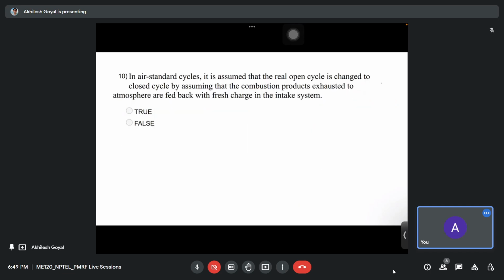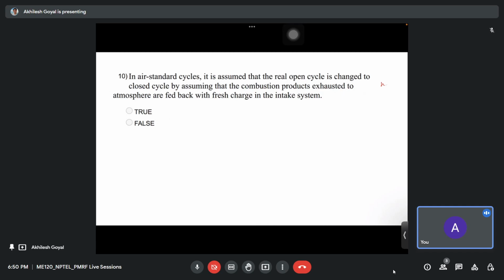So the next question is, in air standard cycles, it is assumed that the real open cycle is changed to a closed cycle by assuming that the combustion products exhausted to the atmosphere are fed back with fresh charge in the intake system.